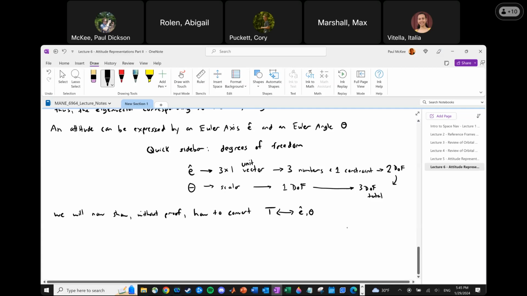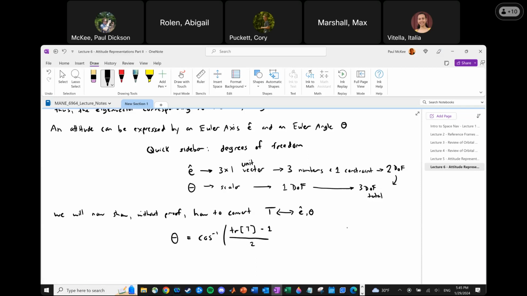So the first is, let's recover theta from T. So theta is equal to the inverse cosine of, here comes a numerator and a denominator, the trace of T minus 1 over 2, and quick sidebar, tr is the matrix trace operation, which is the same thing as just summing the elements along the main diagonal.